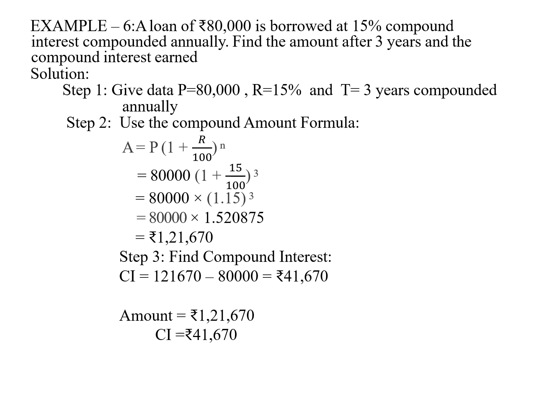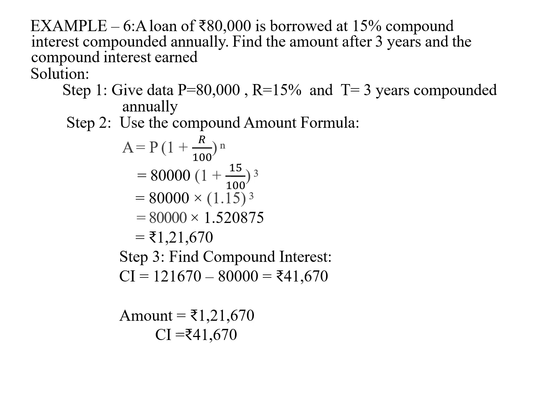1 plus, instead of R we already have 15. So 15 by 100 whole cube, since the time duration is 3 years. So 80,000 into, after solving the inside part, we got 1.15 whole cube.